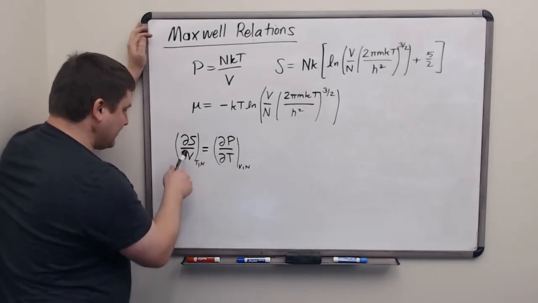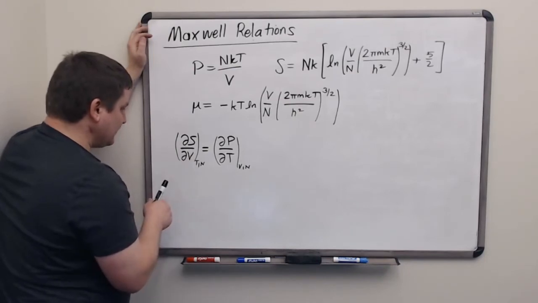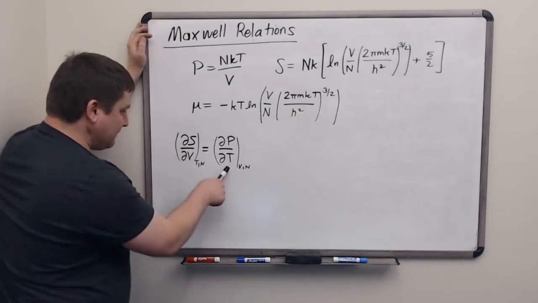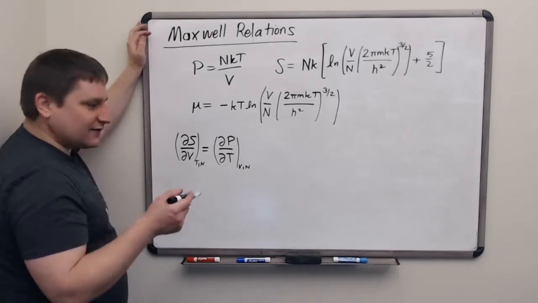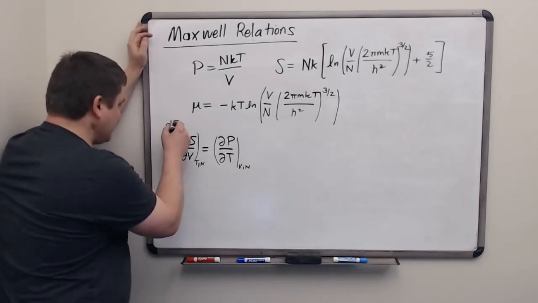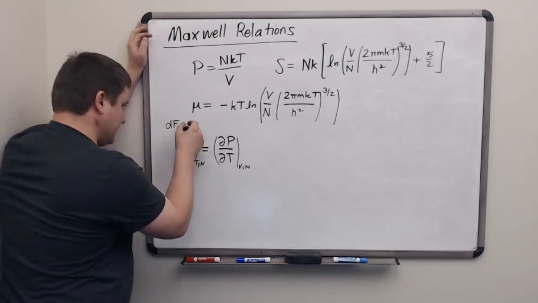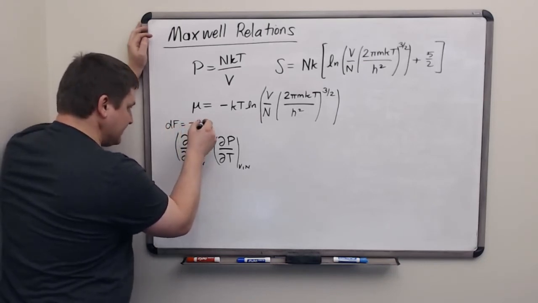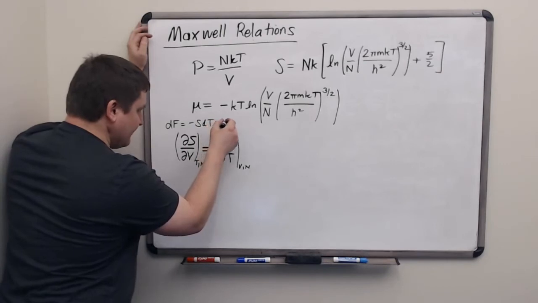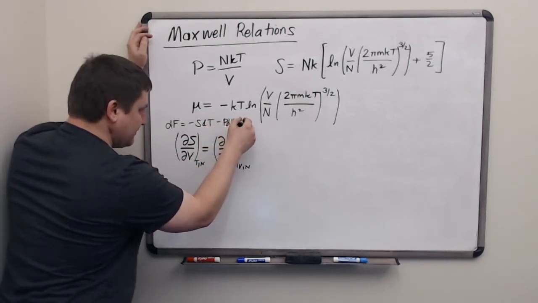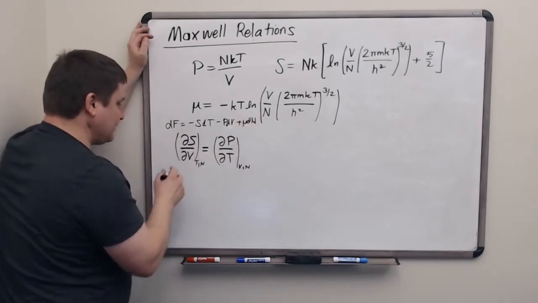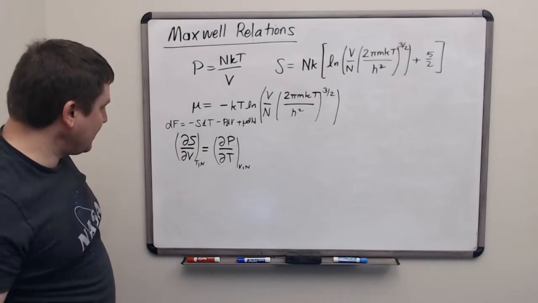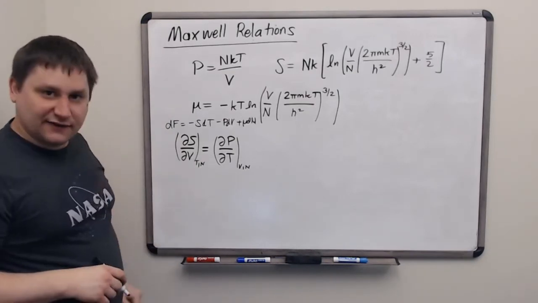So pressure is there, entropy is there, temperature is there. So for our expression for dF, sometimes I just have to write this out just to remember: it's minus S dT minus P dV plus mu dN. So both S and P have the minuses, so this comes out with no negative signs in the Maxwell relationship.